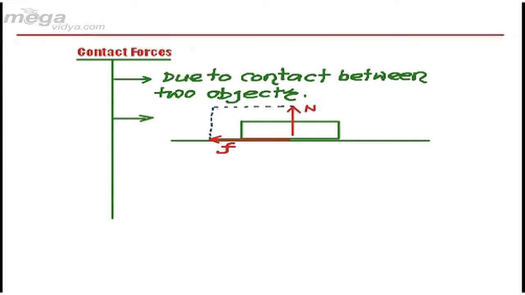The resultant of these two components of contact force gives us the net contact force, which can be represented as Fc.